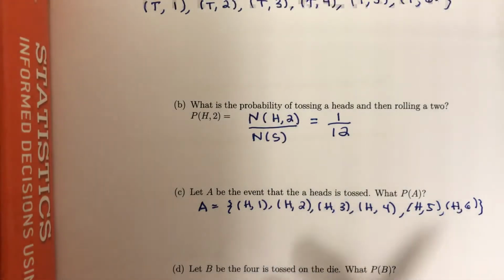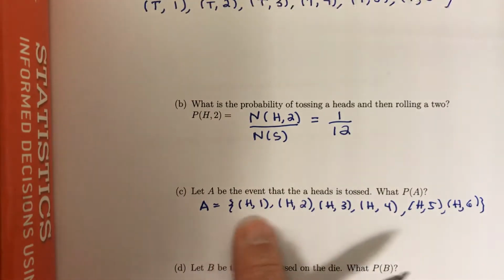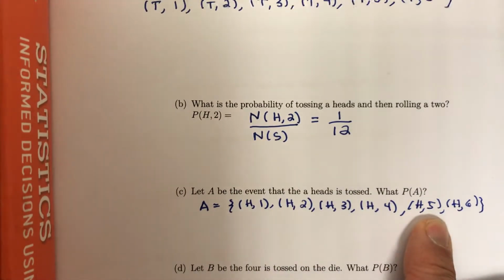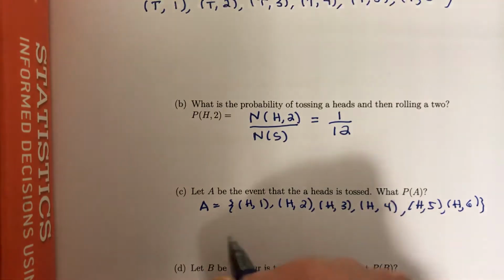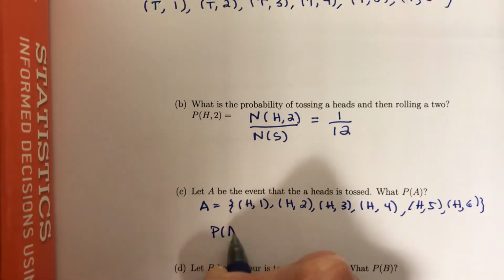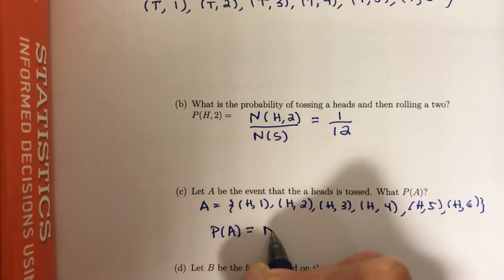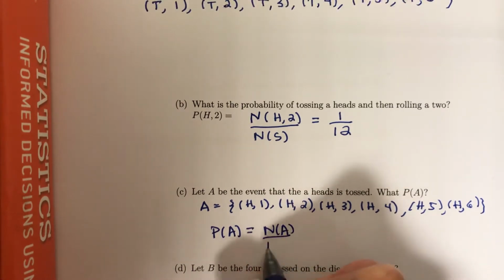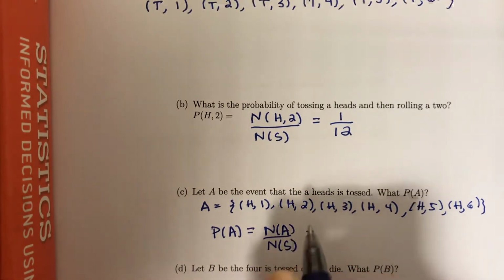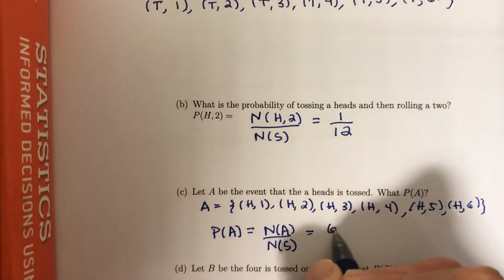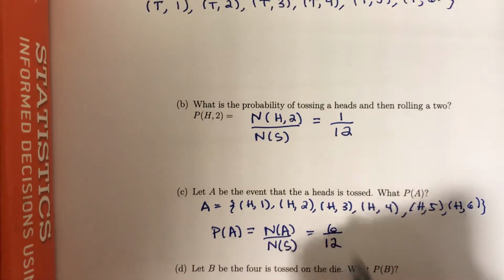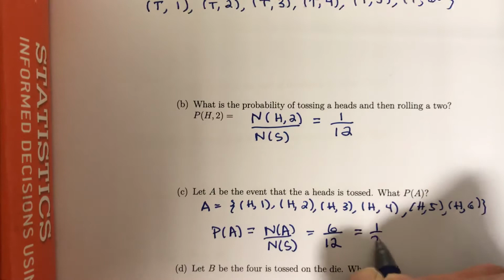Okay, so this is what A is. That's an event, which is a subset of the set S. To find the probability of A, we take the number of elements in A divided by the number of elements in S. So there's 6 elements in A, and 12 in S, so that's 6 twelfths, which reduces to 1/2.